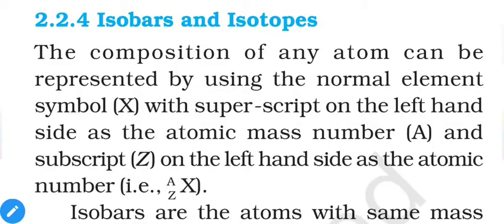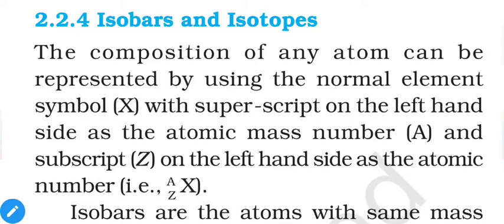Okay, the next topic is isobars and isotopes. The word iso represents similarity. If something is using the word iso, it represents something is common between two. In this case, isobars and isotopes represent something similar between two different atoms. So let us discuss what the common things are.